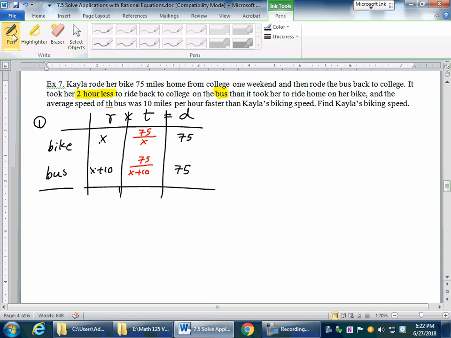So now we have the time by bus and then the time by biking. Since going by bus is 2 hours less, in order to make the time of taking the bus and the time of biking equal, I need to add 2 hours to the bus.